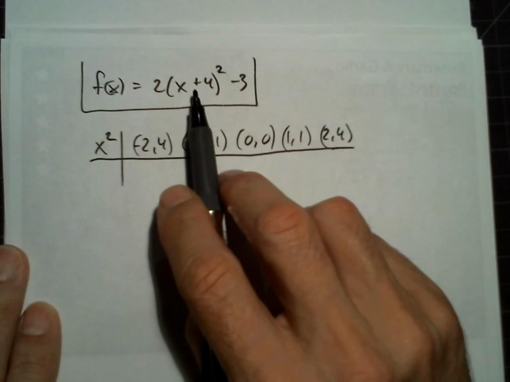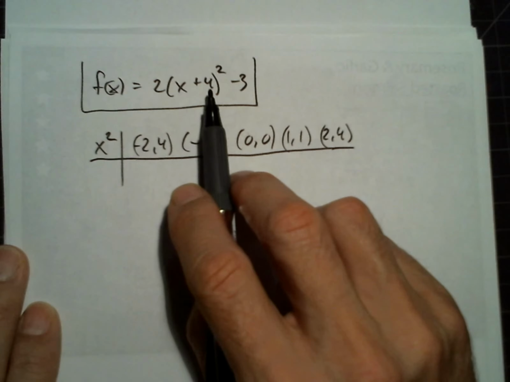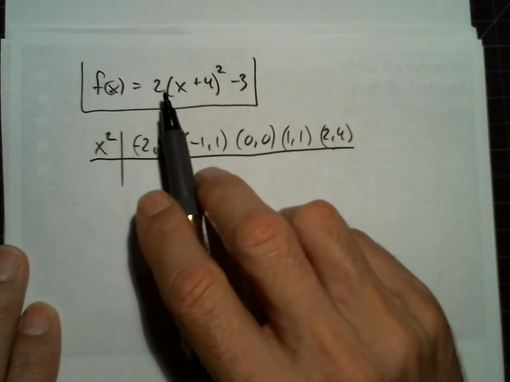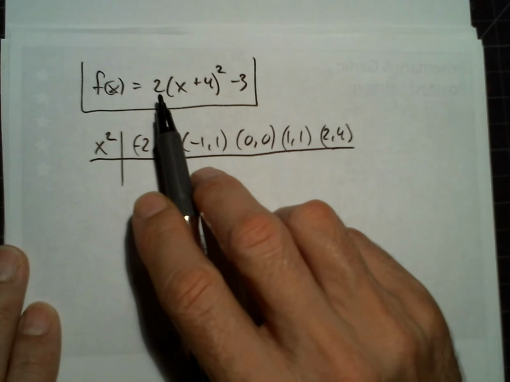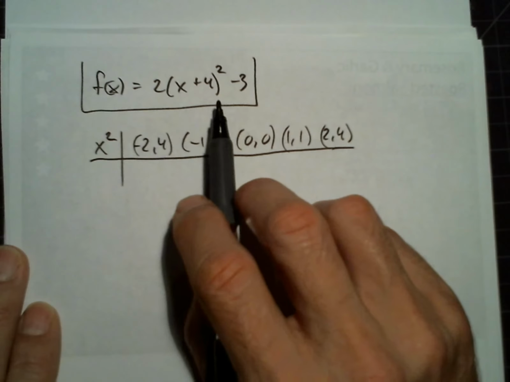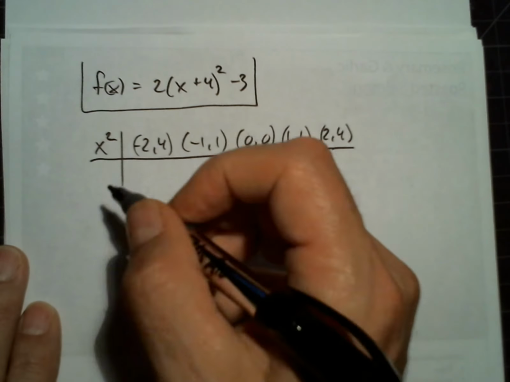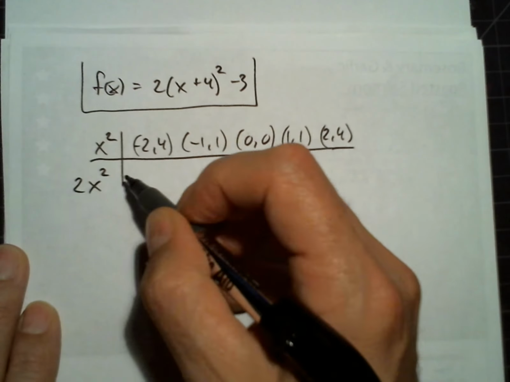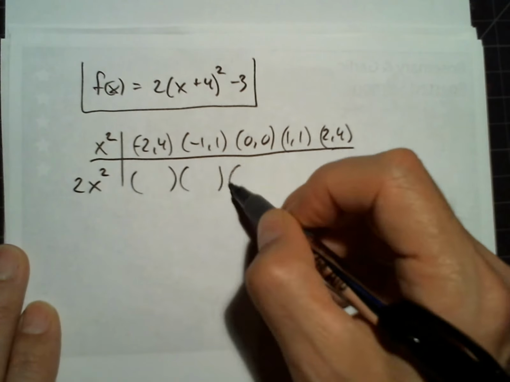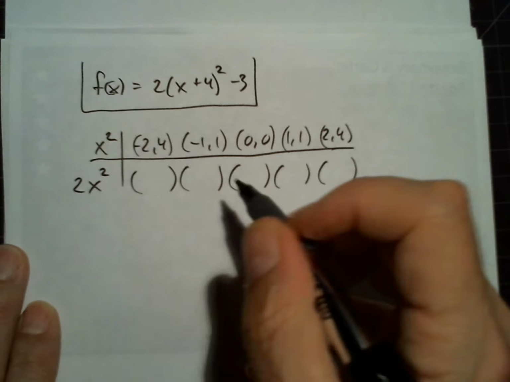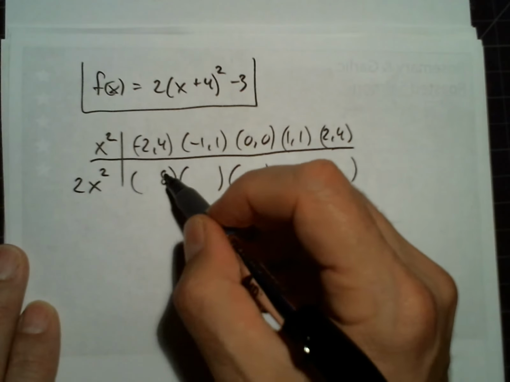We're going to do the inverse of addition, so we'll subtract 4 from all the x values. Before we do that, let's multiply the y values by 2, and then we'll subtract 3 from the y values. Multiply the y values by 2.